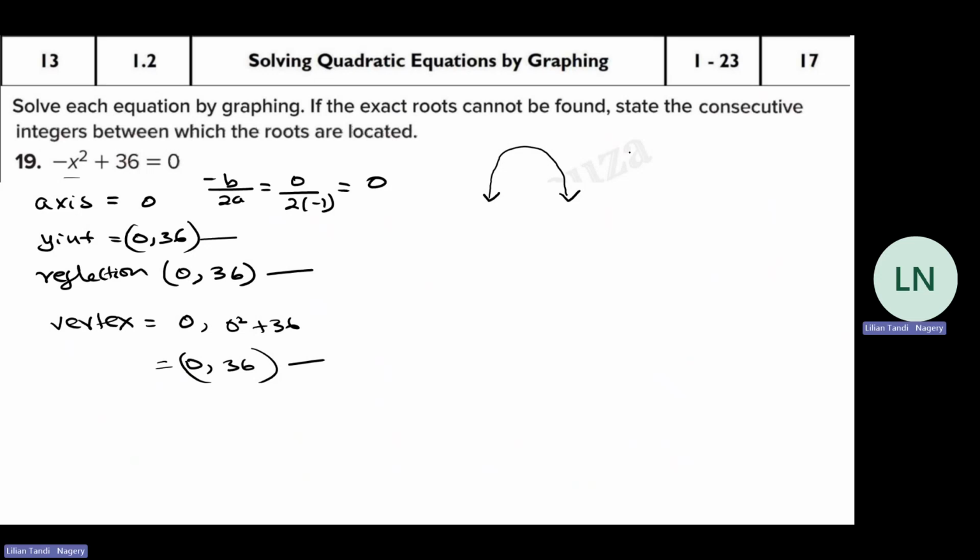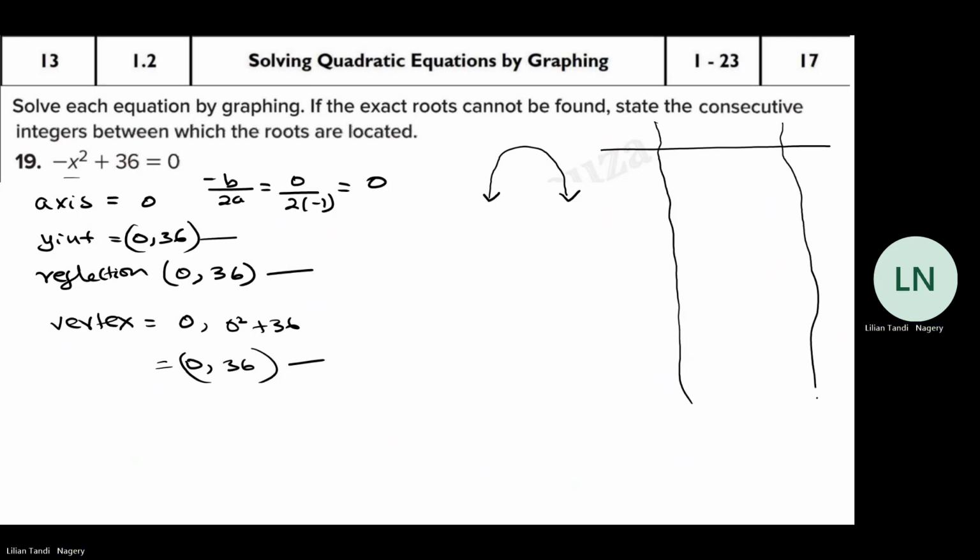Okay, let me see my table, because that graph looks very weird according to my calculations over here. X, Y. Negative x squared plus 36. Negative 6 will give me negative 36 plus 36, 0. Got lucky, my first solution.